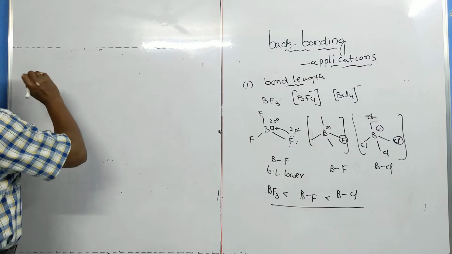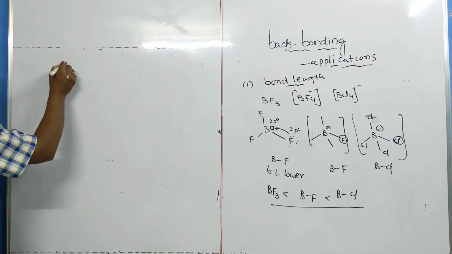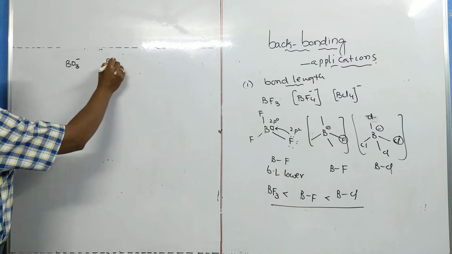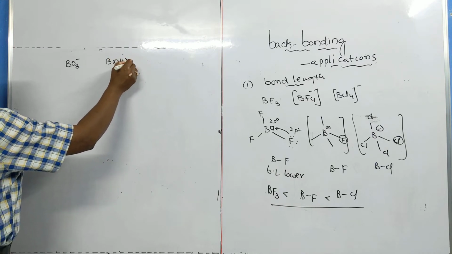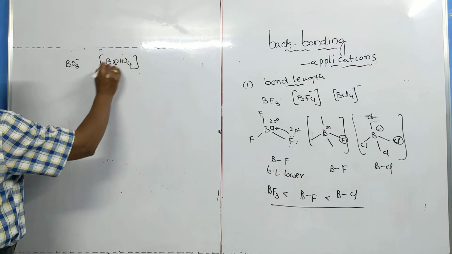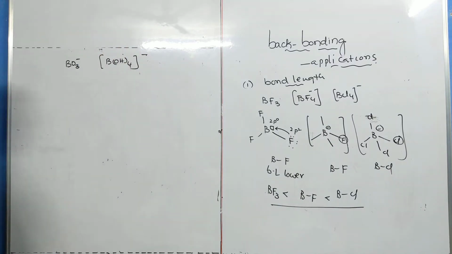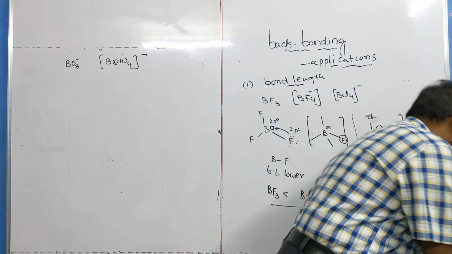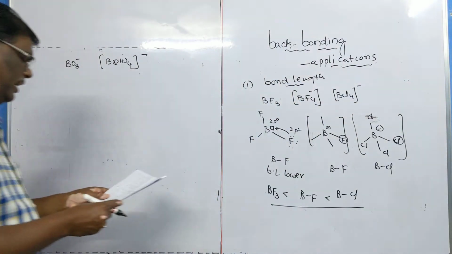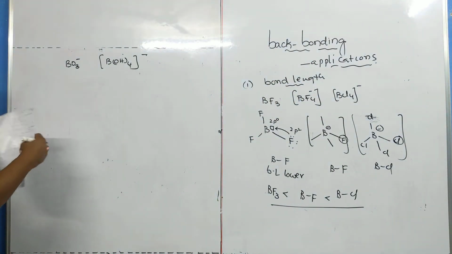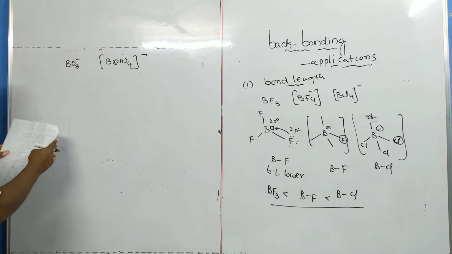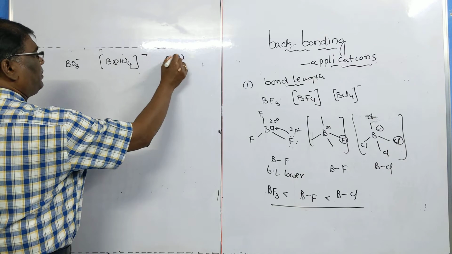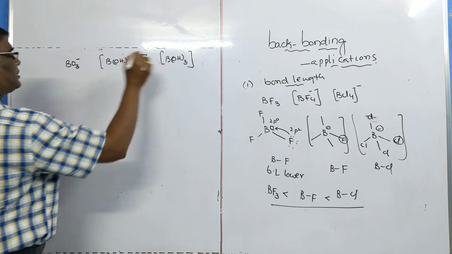Second application, we are taking the bond length of the BO3 minus species, BOH4 minus species, and also the B(OH)3 species.